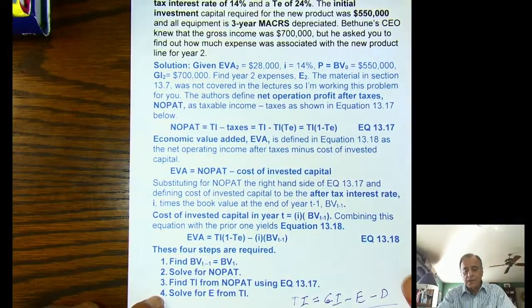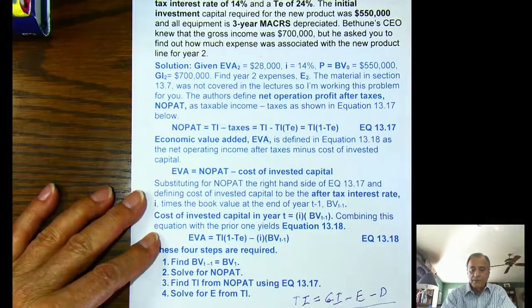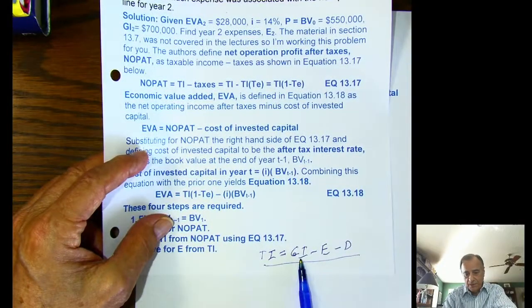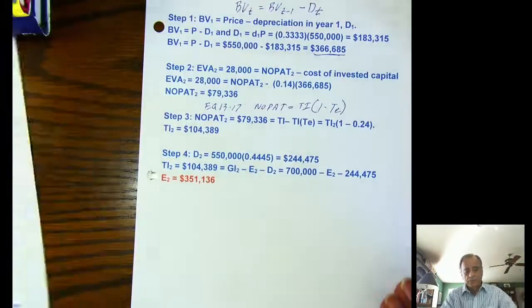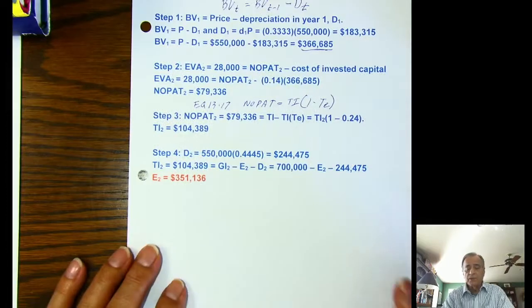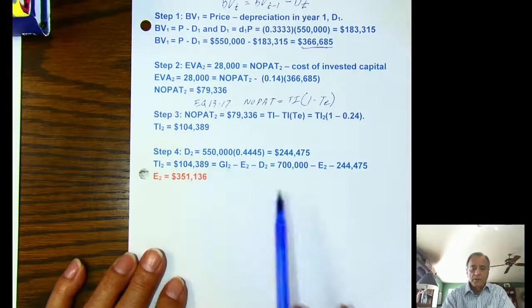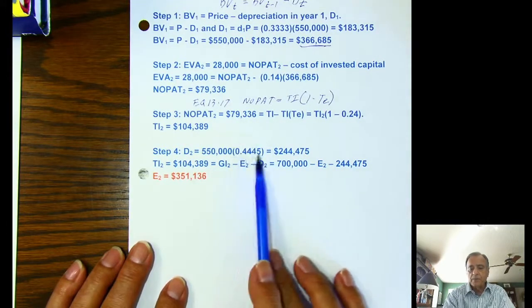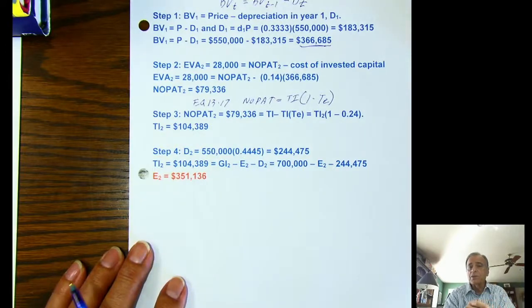Then finally we need to solve for what the question wanted. Solve for E, which is really E2, from the taxable income. And remember this equation from early in the chapter: taxable income is gross income minus expenses minus depreciation. So in year 2, the first thing we need is the depreciation in year 2. We take the factor from the table, which in year 1 was 0.3333.